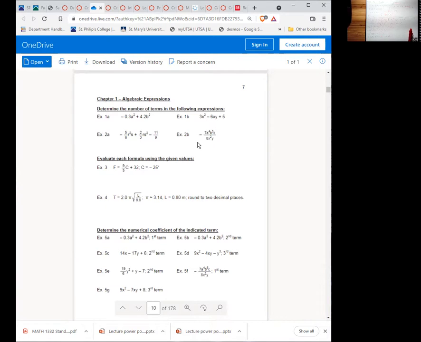So this is actually just one term because there are no symbols in between the numbers and letters. Like 3x squared is one term because there's no plus in between. So if this was 3 plus x squared, that would be 2 terms. Does that make sense? Yeah, okay, I got it. So 6xy is a single term, it's not 3 terms. 5 is a single term.